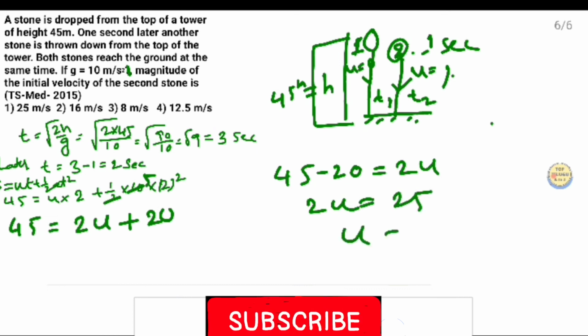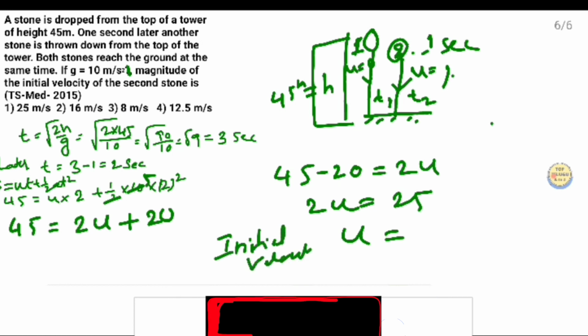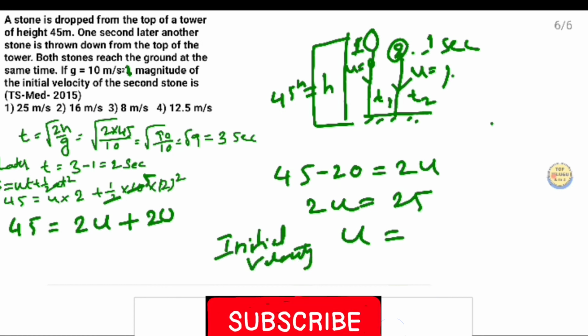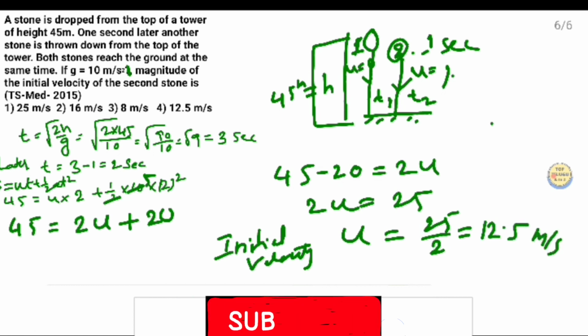Therefore, initial velocity of the second stone, u is equal to 25 by 2. So that is 12.5 meter per second. This is the answer. So therefore, fourth option is correct.